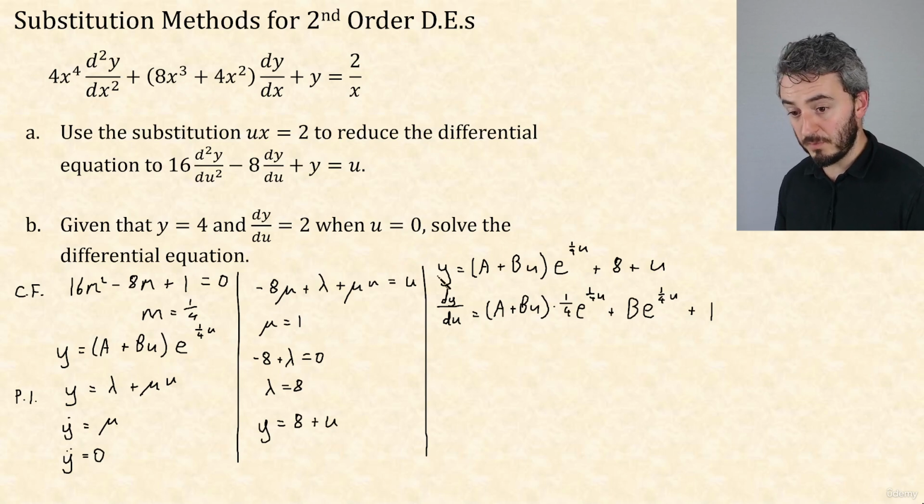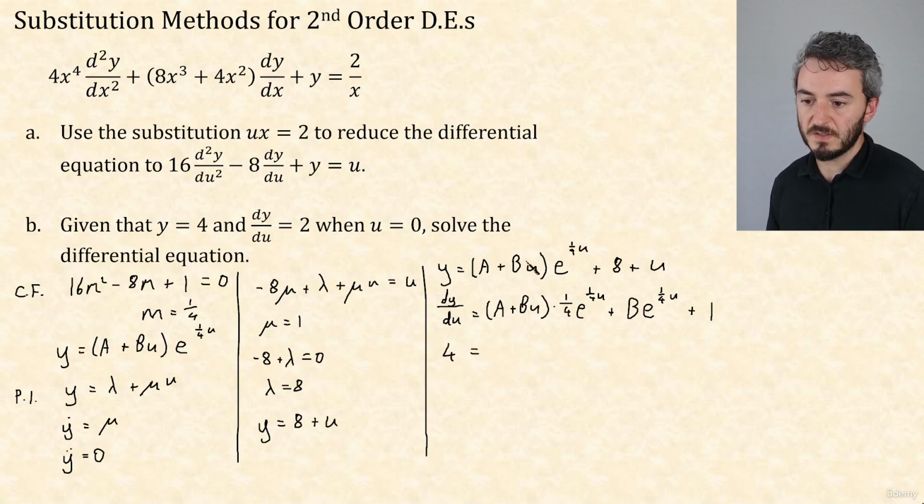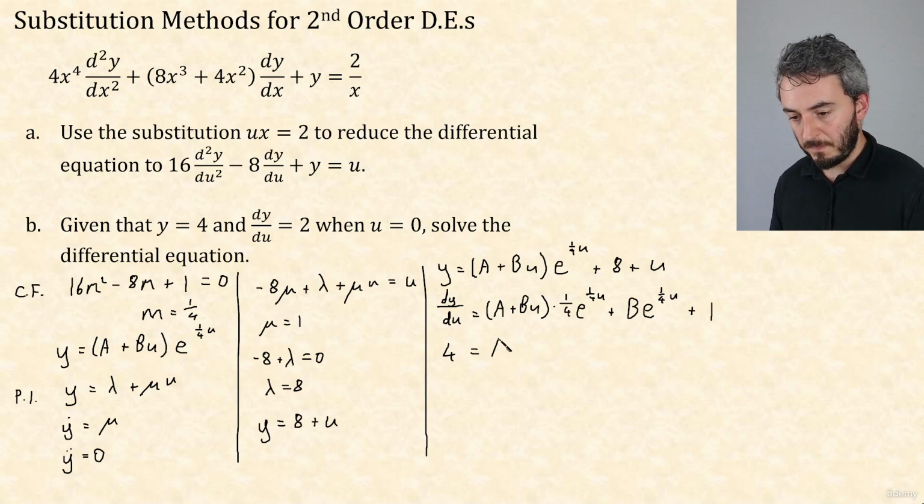Okay, subbing in values. So y is 4 when u is 0. So 4 is a times 0 plus b times e to the 0, which is 1, plus 8, plus 0. So a is minus 4. And then dy by du is 2 when u is 0.